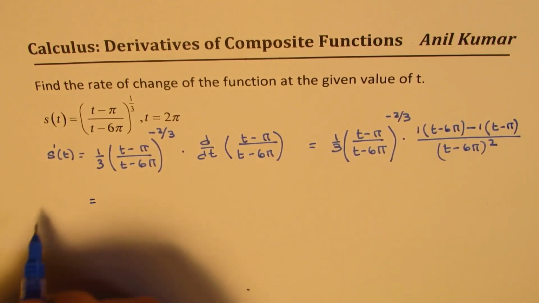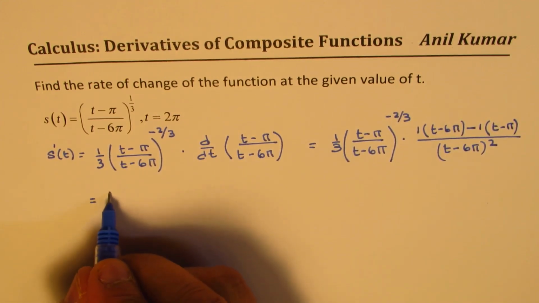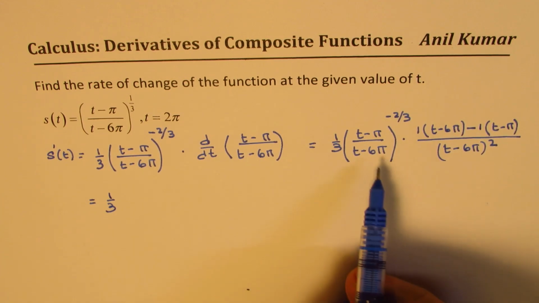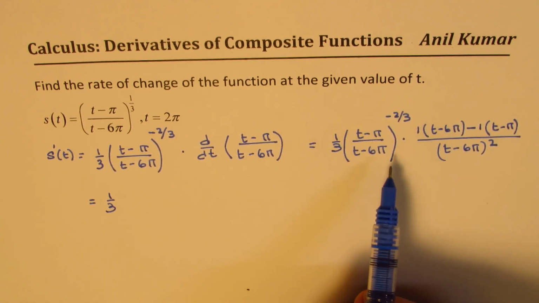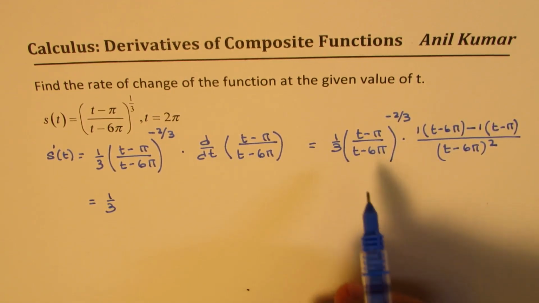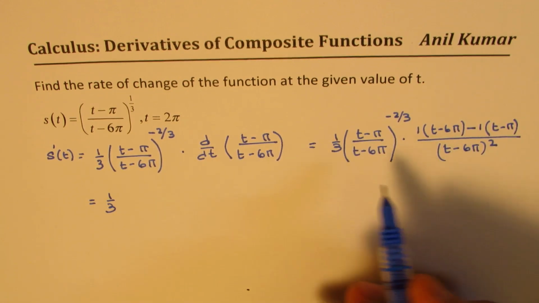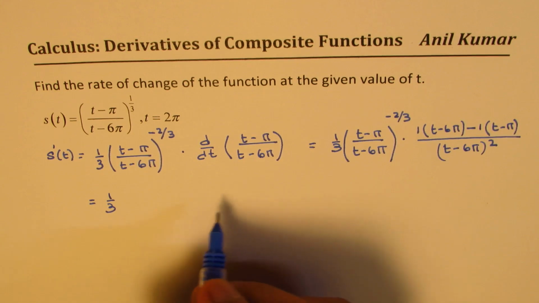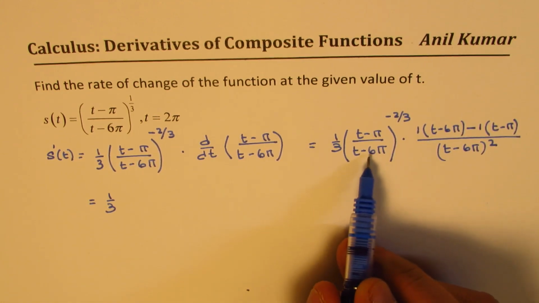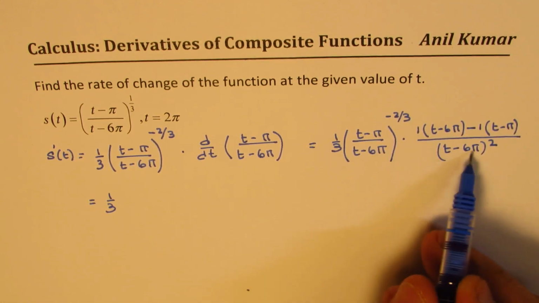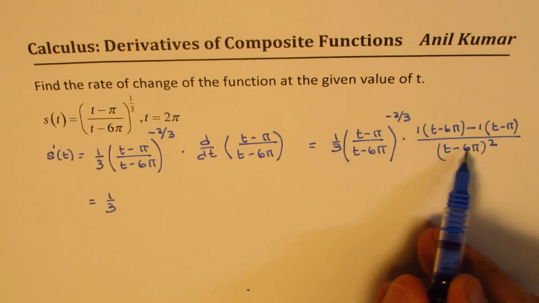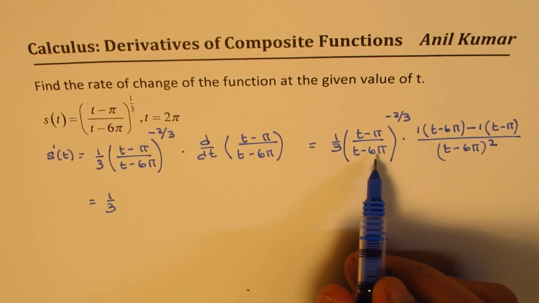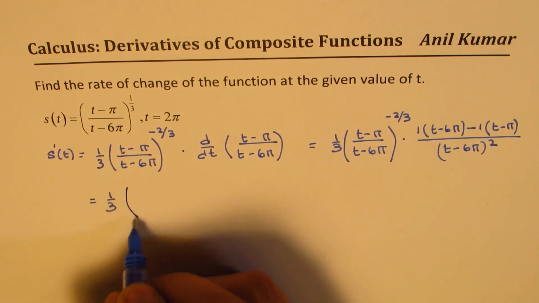So that gives you 1 over 3. We have all this. We can flip also and write, okay, so let's flip and write. These can be simplified also, okay, we'll see it later.